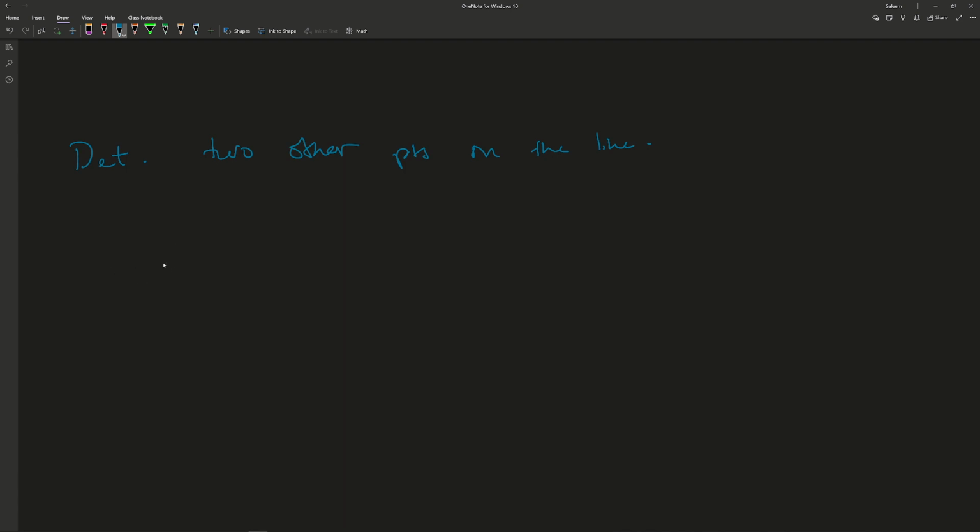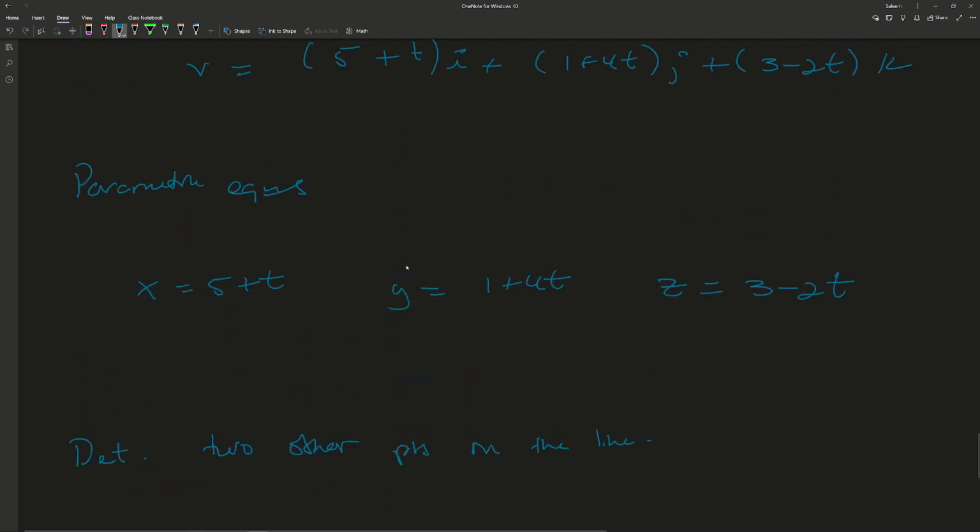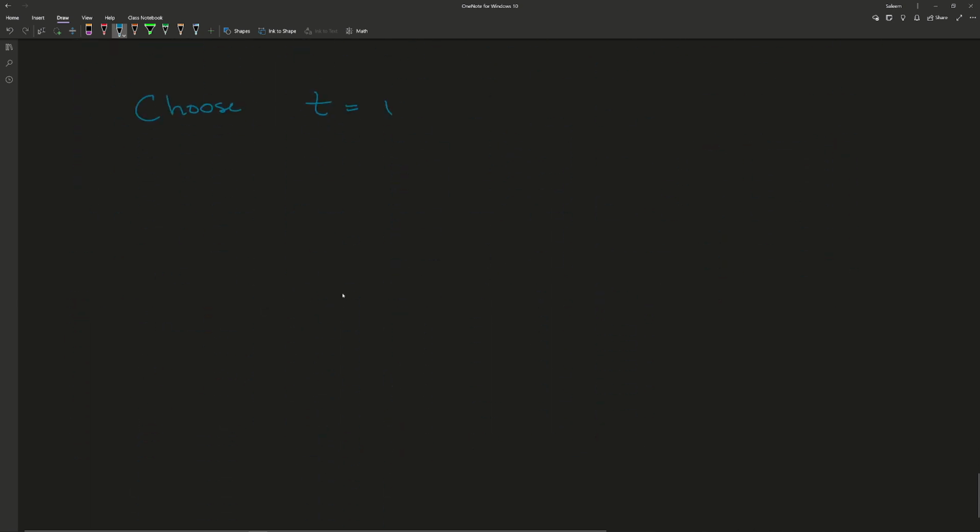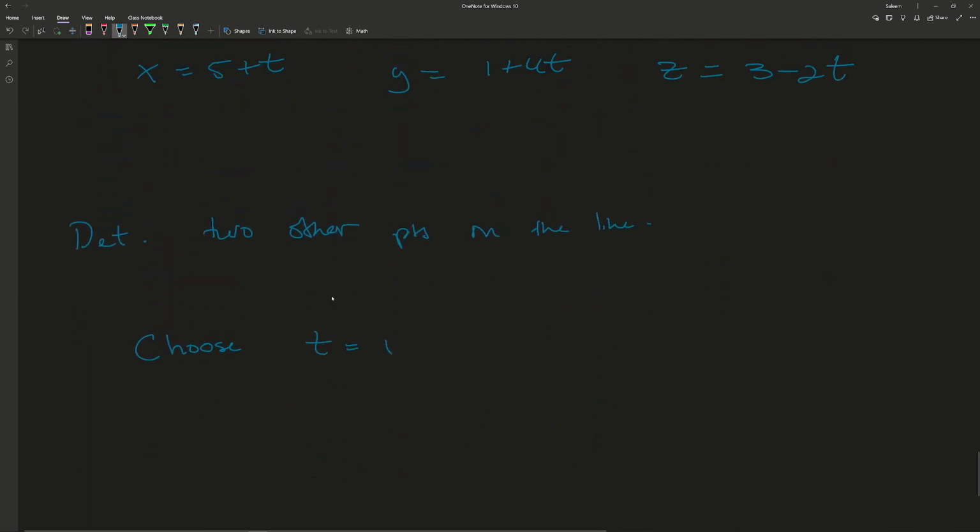Let's choose t equal to 1. When t is equal to 1, what is x? x is 6. Let's do that for the rest. When t is equal to 1, x is equal to 6, y will be equal to 5, and z will be equal to 1.